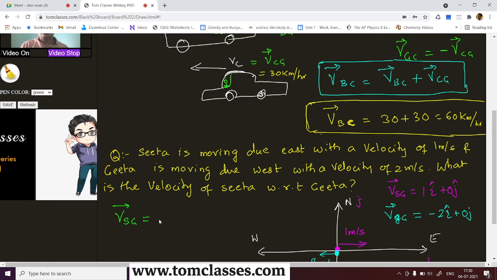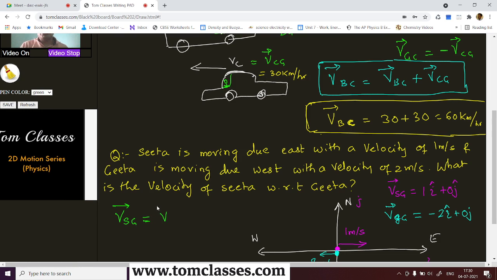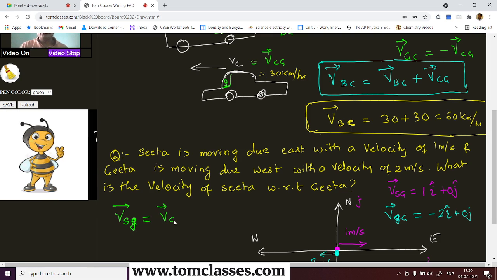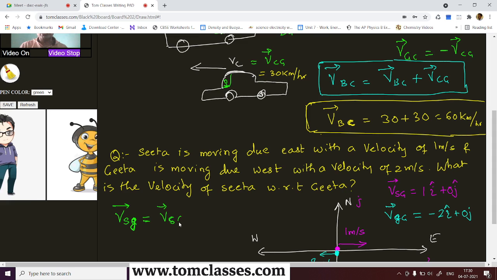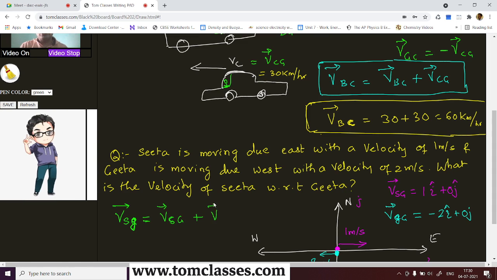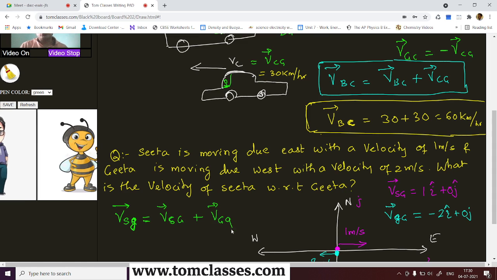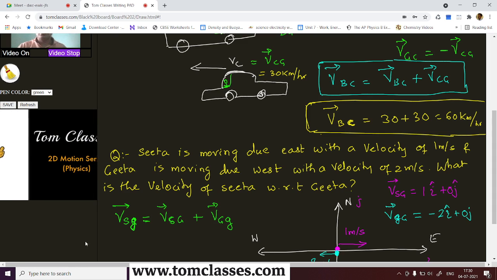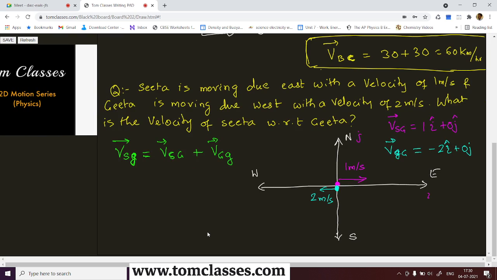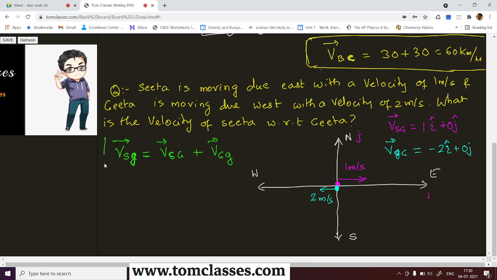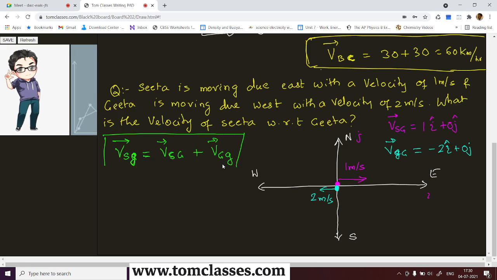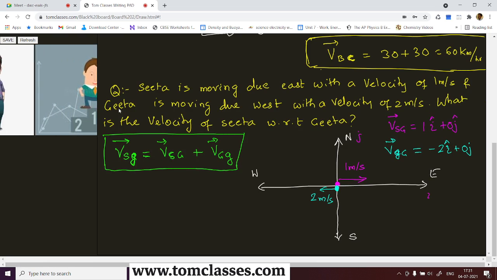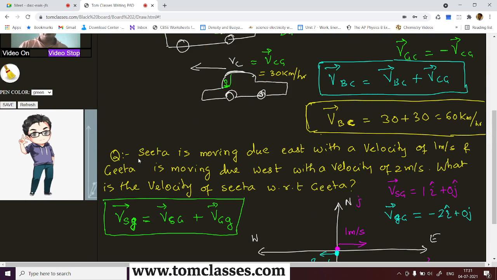This has to be the velocity of theta with respect to ground plus the velocity of ground with respect to Gita, right? Yes or no? Yes, sir. Okay, so this is important, how you are breaking into components. Otherwise, this will create problems.